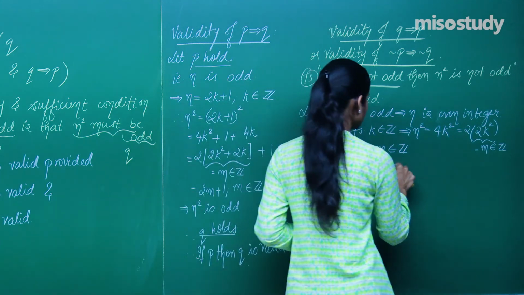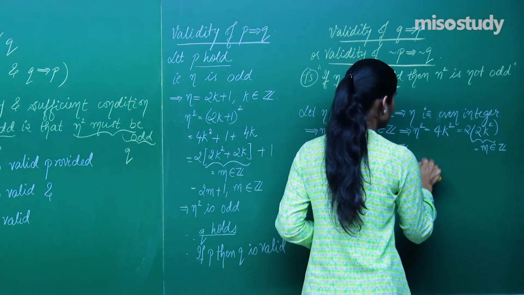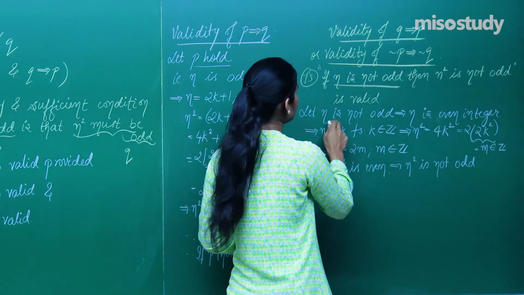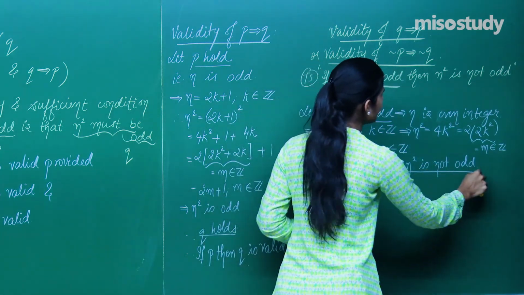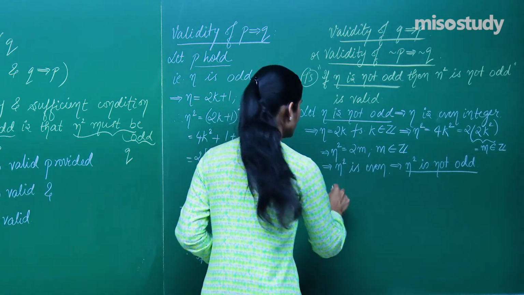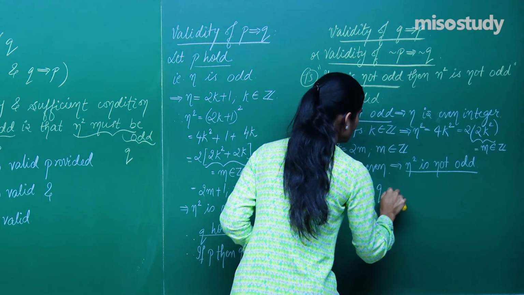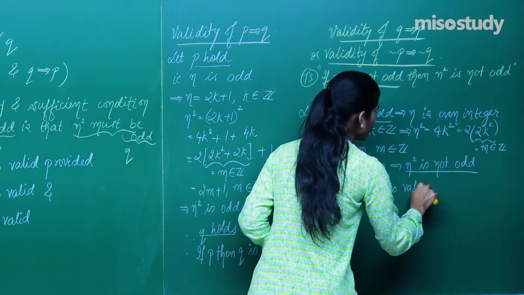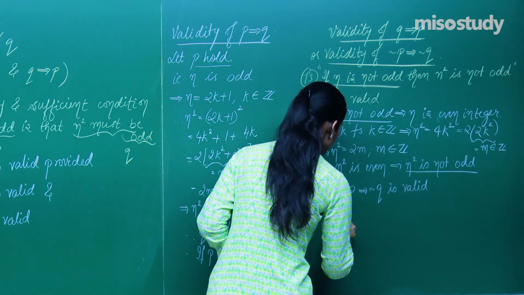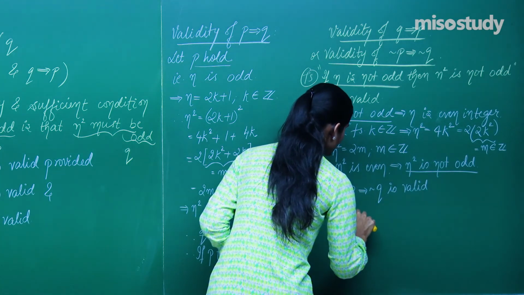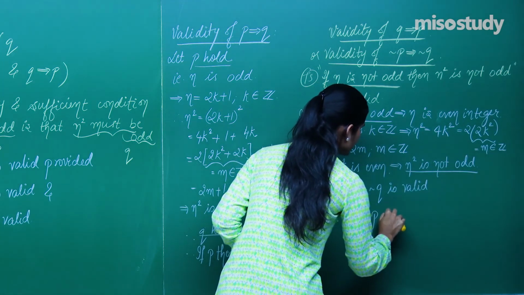If n square is even, this implies n square is not odd. So I assumed n is not odd, and I proved that in that situation n square is not odd, and therefore not P implies not Q is valid, and by the contrapositive approach I have proven that Q implies P is valid.